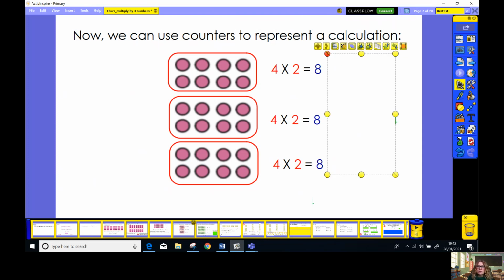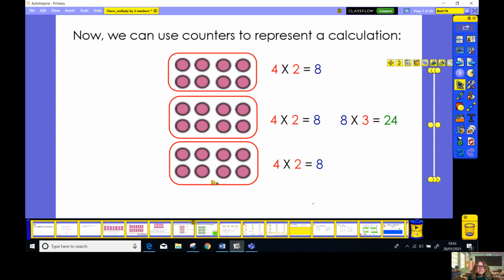Now I need to use that information to work out how many counters there are in total. So I take the 8 from each group and I multiply it by 3 because there are 3 equal groups. 8 multiplied by 3 equals 24. There are 24 counters altogether.